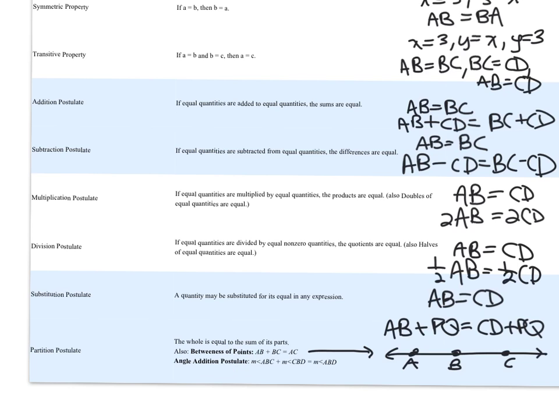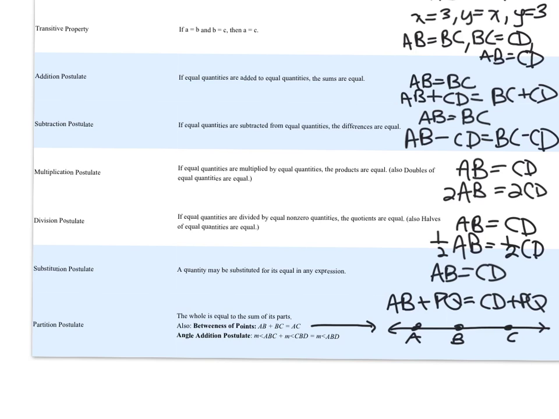The angle addition postulate works the same way. The measure of angle ABC plus the measure of angle CBD equals the measure of angle ABD. So keep in mind here, just like when we're adding or we're talking about equivalency of line segments, when we're talking about equivalency or adding angles, you write it as the measure of the angle rather than just the angle.